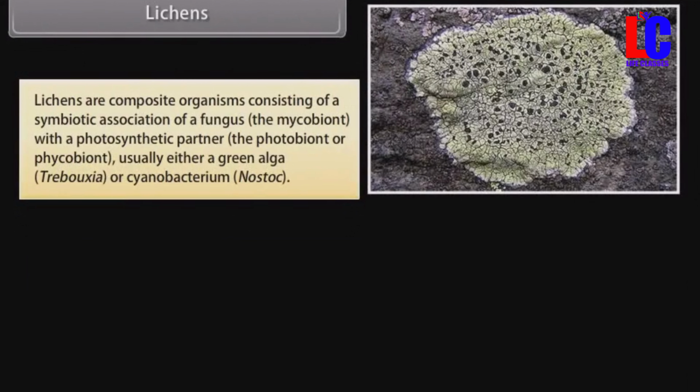Lichens are composite organisms consisting of a symbiotic association of a fungus, that is, the mycobiont, with a photosynthetic partner, that is, the photobiont or phycobiont. Usually either a green algae, that is, Trebouxia, or a cyanobacterium, that is, Nostoc.